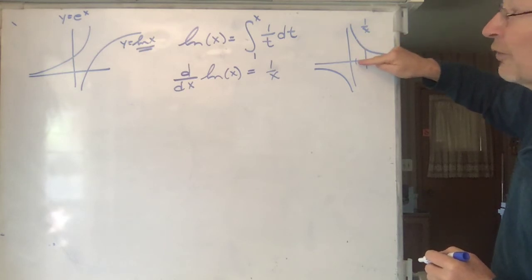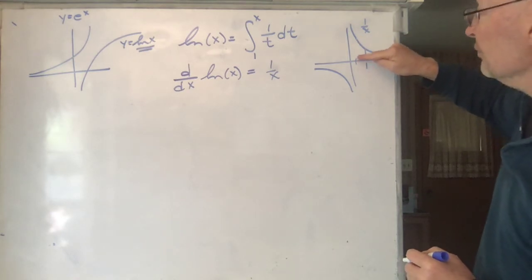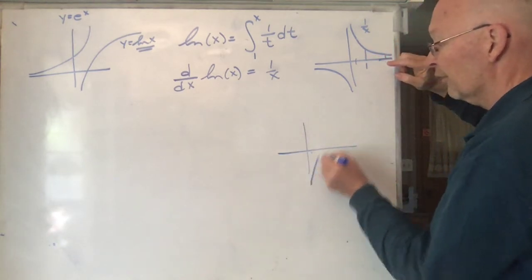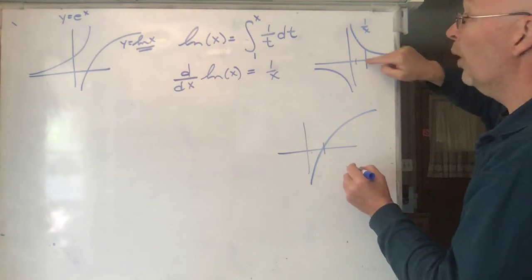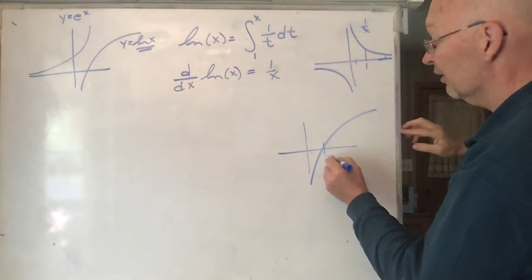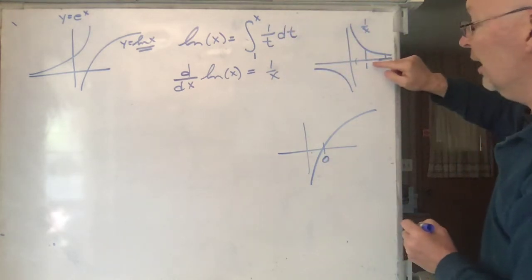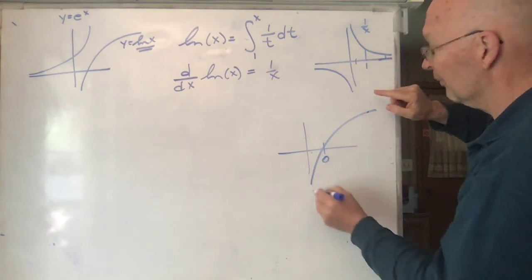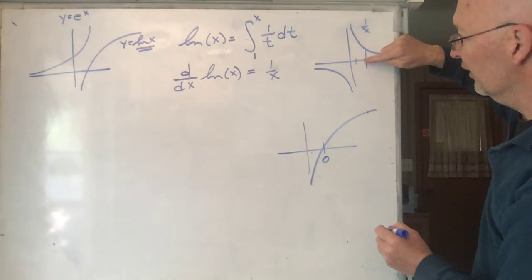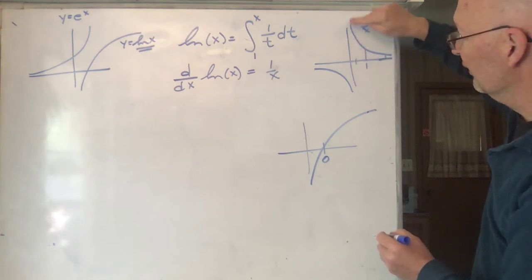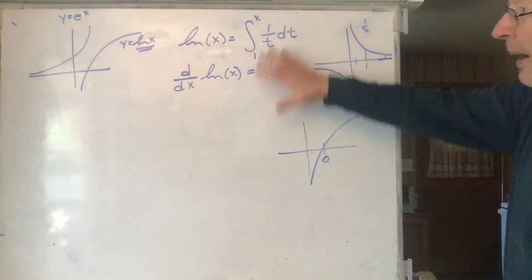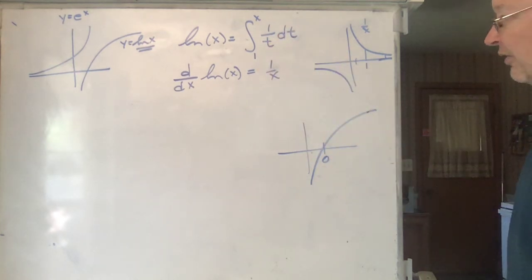The value of the integral is going to be negative. See that? So that's why the logarithm, if you were to graph it at 1, from 1 to 1, the value of the logarithm is 0. But if you go to the right, it becomes positive. If you go to the left, it becomes negative. And as far as it can go is 0, because there you have a discontinuity in this function.